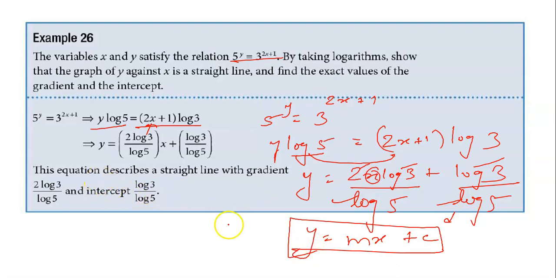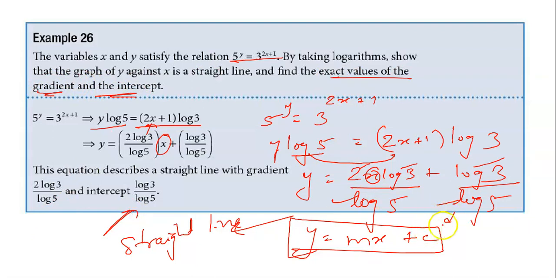Okay, this equation describes a straight line. You have to find the exact value of the gradient and intercept. This is your intercept, C, and this is your gradient. Okay, x is not the gradient. Other things other than x are your gradient.